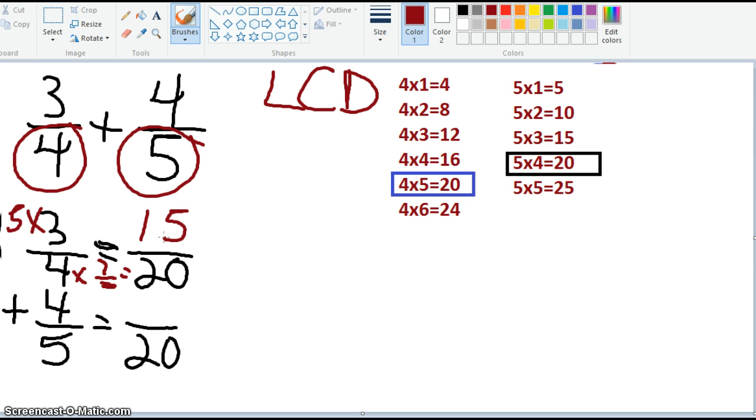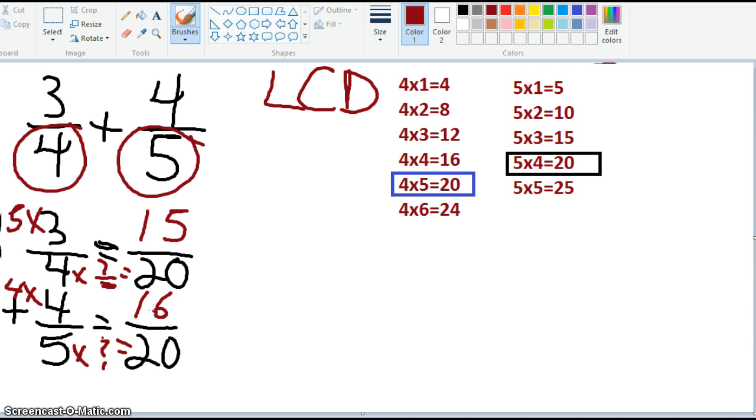Now let's go down to the second one. 5 times what number is going to give me 20? Well, I know it's 5 times 4. So I'm going to take the 4 and multiply by the number on top, in my numerator, which is 4. So 4 times 4 is 16.